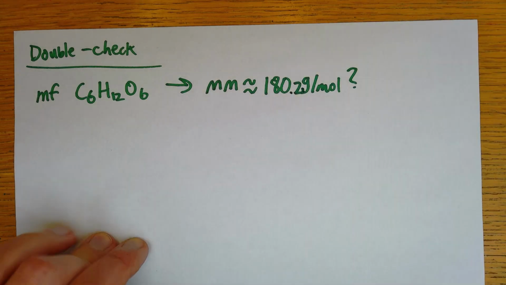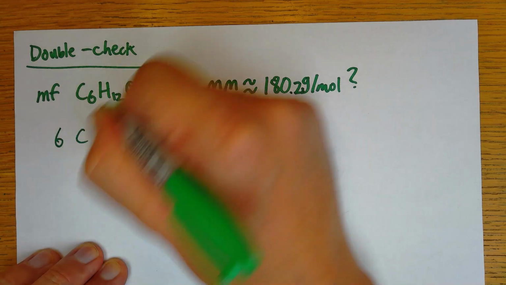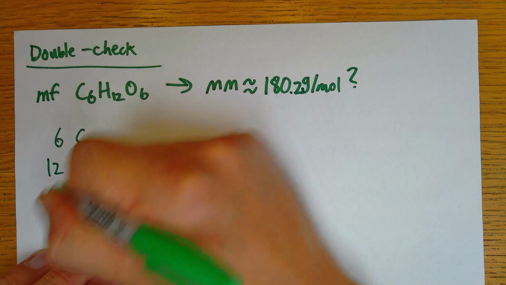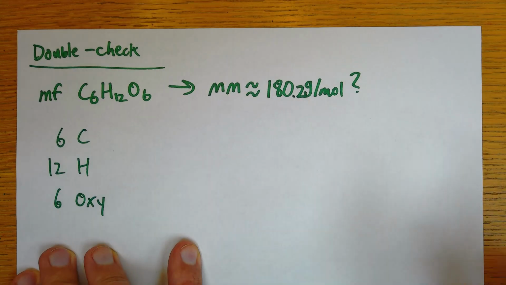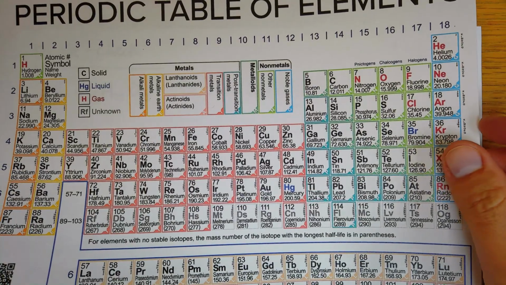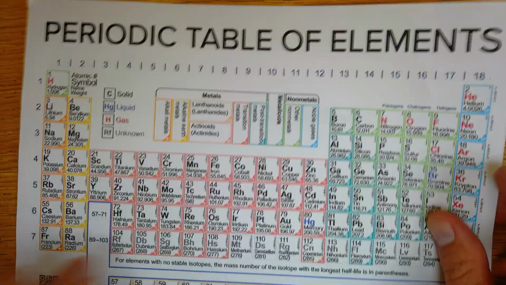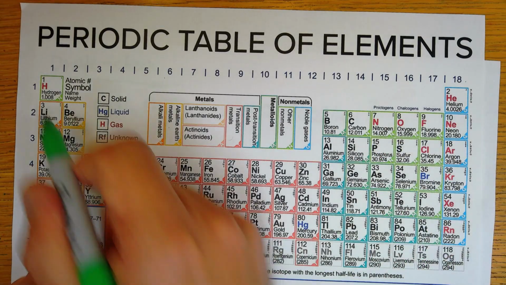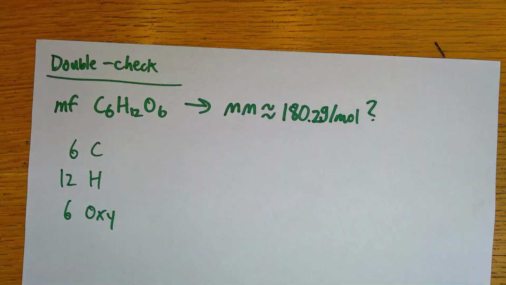Grams per mole. So let's do that. 6 carbons, 12 hydrogens, 6 oxygens. And again, you can use the exact numbers, but just for a quick ballpark check, I'm just going to call carbon a 12. I'm going to call hydrogen a 1. I'm going to call oxygen a 16.